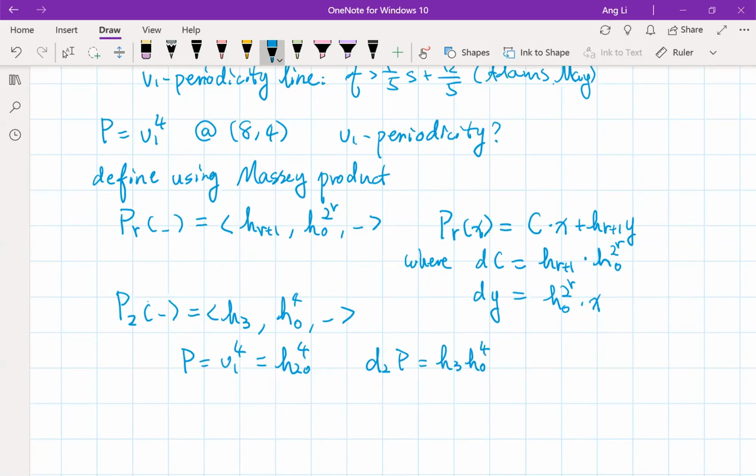So that gives us this P2. I'm keeping writing R. P2 of X is P times X plus HR plus 1 times something.